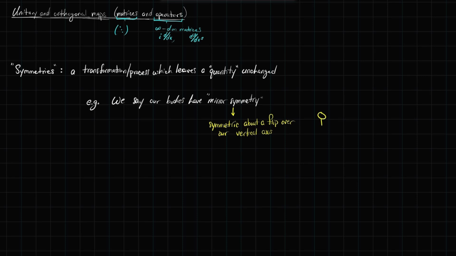Right, here's my body. I've been working out, can you tell? So there's my body. We grab the vertical axis and we decide to do a flip. Not an easy way to describe a flip, but if we just grab a flip of my body over the vertical axis, what do we end up with? Exactly what we started with. So in some sense, the quantity is my body itself. Right? So the quantity is maybe the shape of my body.